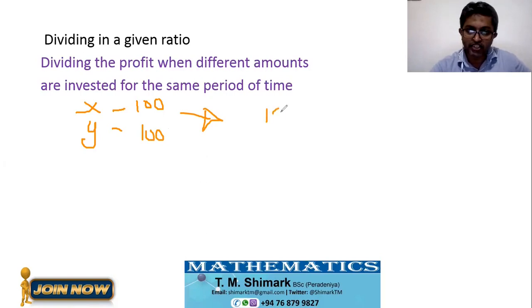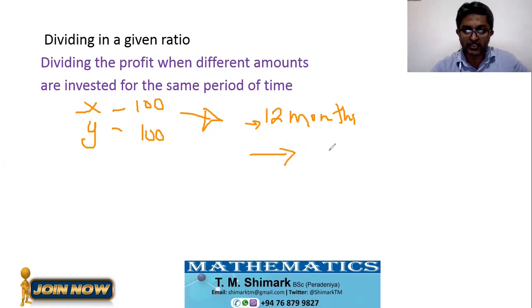That means we can check for 12 months what the total profit is. After 12 months, we check the profit. Let's say the profit is around 120 rupees. We think of about 1 year's time.